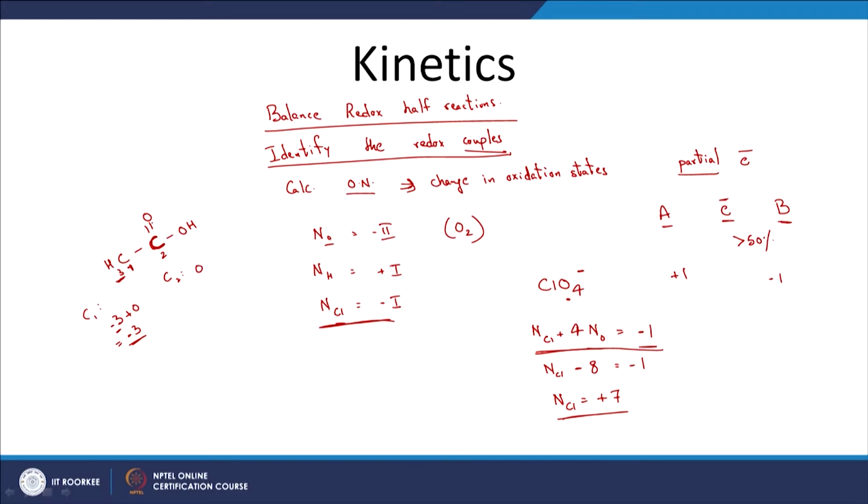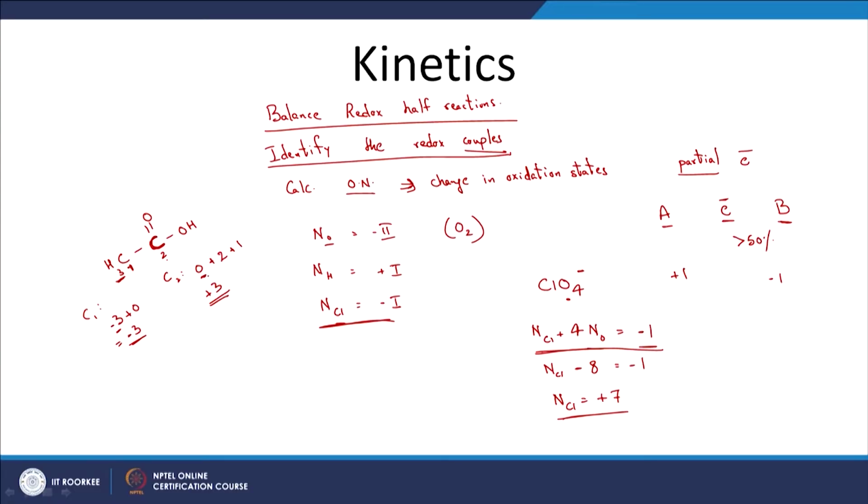With respect to oxygen, oxygen is more electronegative, so I am going to say -2 there. And the OH has -1 here, because of the share with oxygen. Again, carbon 2 and carbon 1 have the same electronegativity, so there is no influence from that electron share on the oxidation number.